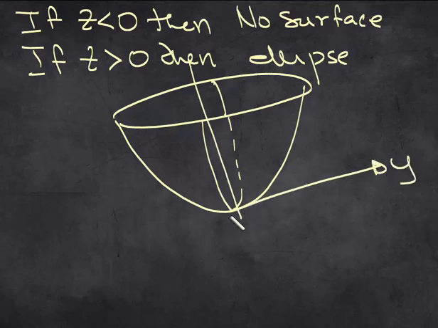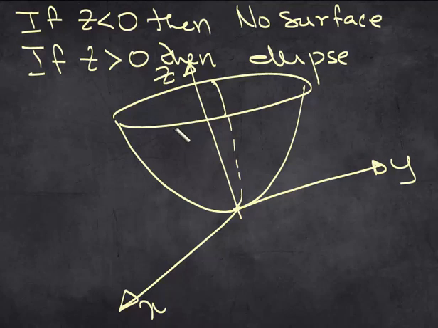So this is y, this is x, and this is z. So it ends up looking something like this. You have parabolas in the xy direction, then you have another parabola in the other direction, and then we have ellipses if z is positive.